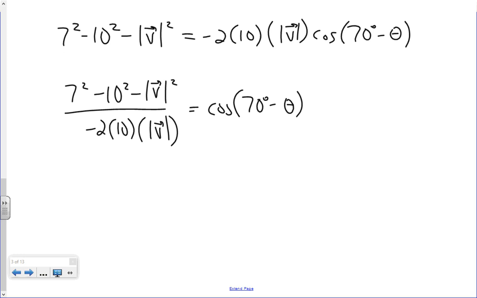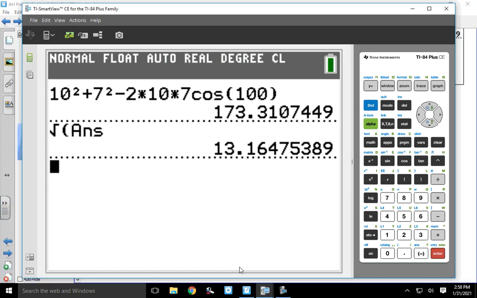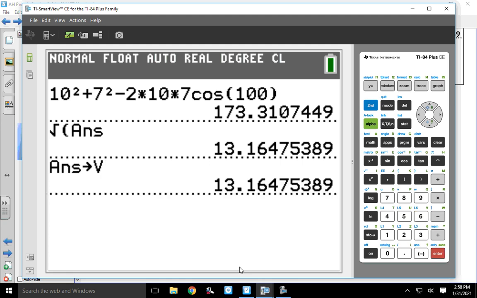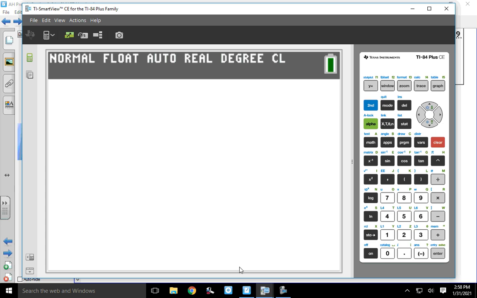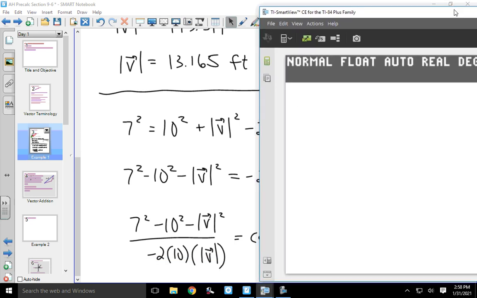So let's go ahead and punch that quantity on the left into the calculator and get a decimal approximation for that first. That'll make it a little bit easier to write this. Let's go ahead and grab your calculator. Before I get rid of that, let me store that value. I'm just going to store this into v here. It was the magnitude of v, but let me store that value because I'm going to need it. All right. And so I want to calculate that 7 squared minus 10 squared minus the magnitude of v squared.